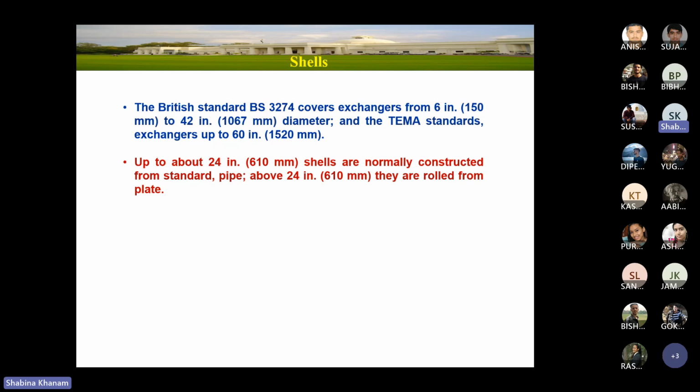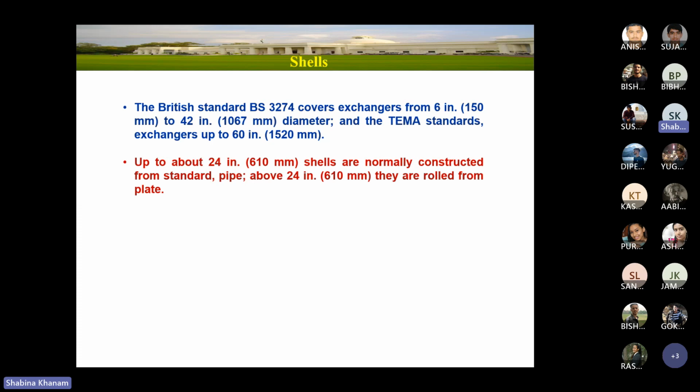Okay, so if the dimension you require is, let's say, a 22 inch shell, then 22 inch pipe will be available, and plate will also be available by which you can make 22 inches. But in that case we will choose pipe because that is readily available to us. We don't need to manufacture that. Otherwise plate will be expensive in comparison to pipe.